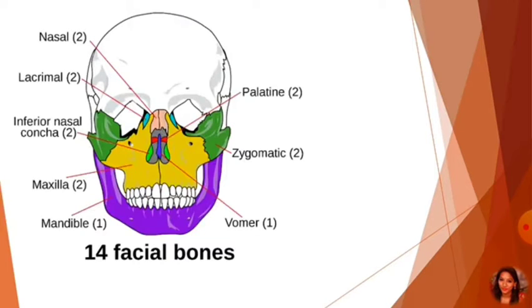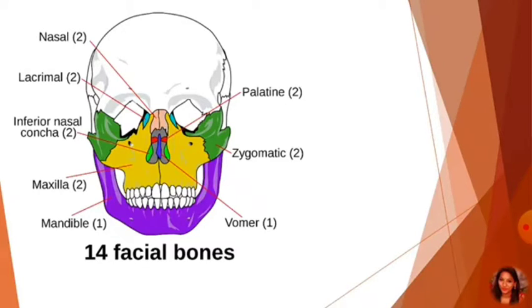Let us talk about another area, that is the face area. Here, as you can see, at the top of the nose there are 2 nasal bones. Near the eye there are 2 lacrimal bones. Downward there are inferior nasal conchae, 2 in number. Then the upper jaw known as maxilla is 2 in number.